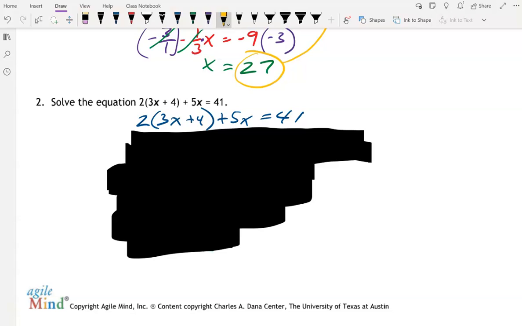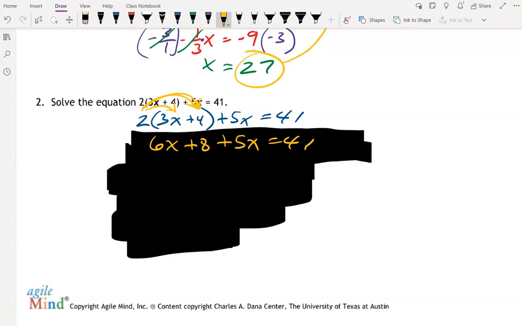I need to simplify this side of my equation. I'm going to distribute 2 into the 3x plus 4. So 2 times 3x is 6x, and 2 times positive 4 is positive 8. And then plus 5x equals 41.